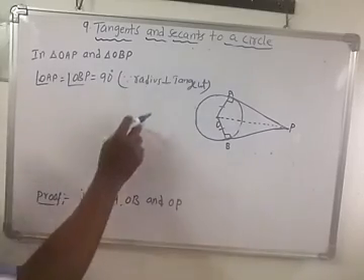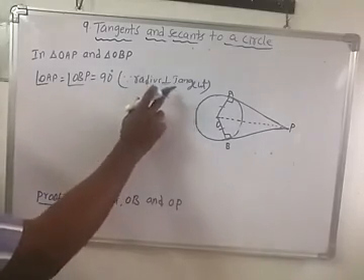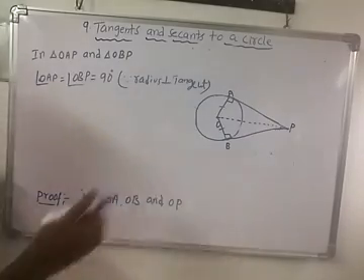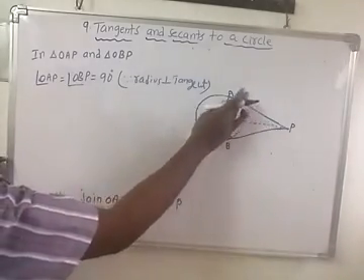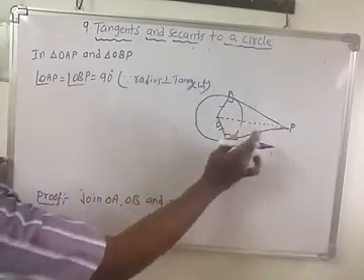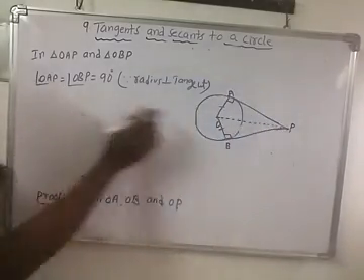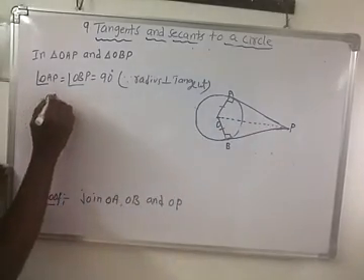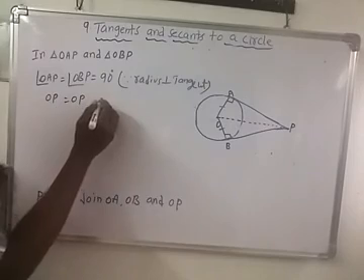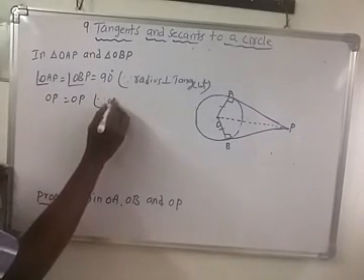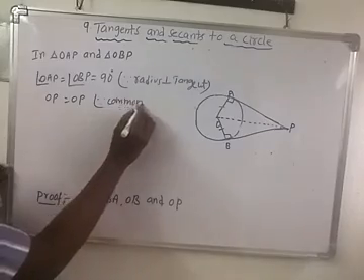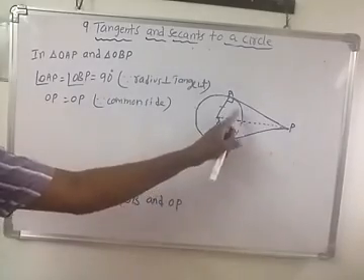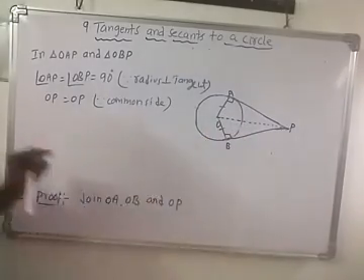So radius and tangents are always perpendicular to each other, and OP is a common side of triangle OAP and triangle OBP. So in this triangle OP, and in this triangle also OP, that is OP is equal to OP, because it is a common side. In this triangle, the side opposite to the right angle, OP, we call the hypotenuse.